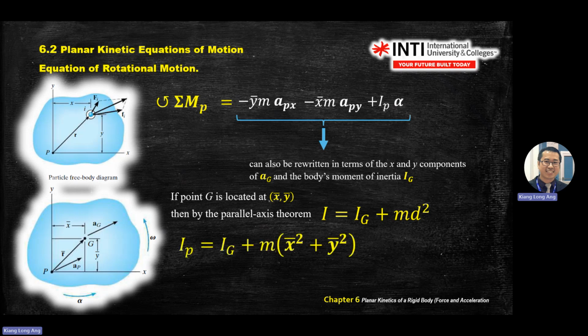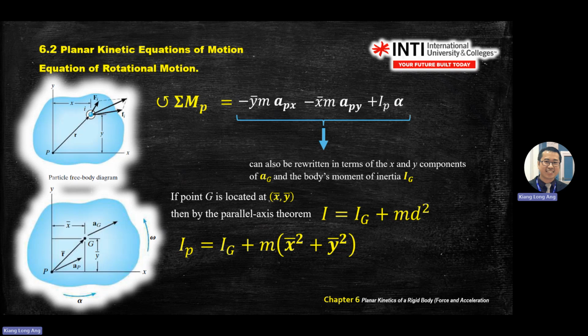All right. Now, how do you find the I, the second moment of inertia? Again, I equal to Ig plus md squared, where d is the distance to the reference point.